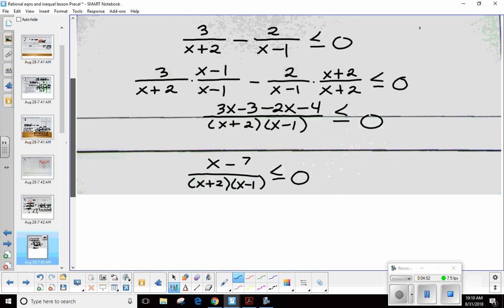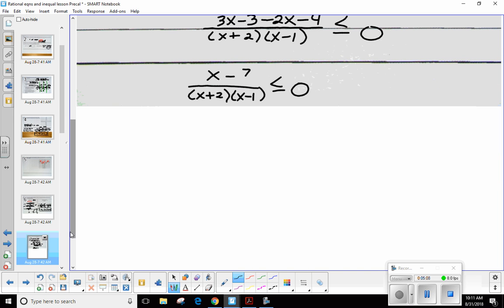Okay, so anybody have any questions or not sure where I got anything from in this process? Okay, then let's go ahead and get to it. The values that we take off of the rational function that I use to put on my sign chart, which remember is the x-axis, what do we call those? There were two names.